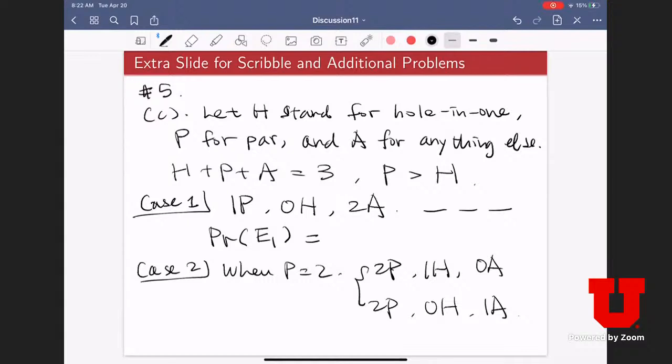If you want to choose 1 par, say I'll choose this one. Think about the probability of getting a par, which is 1/6, I believe.